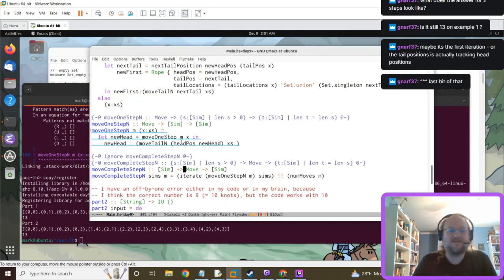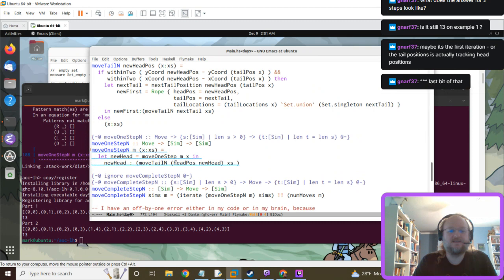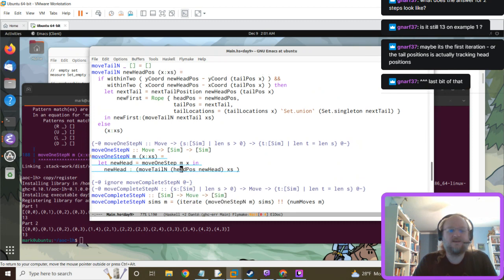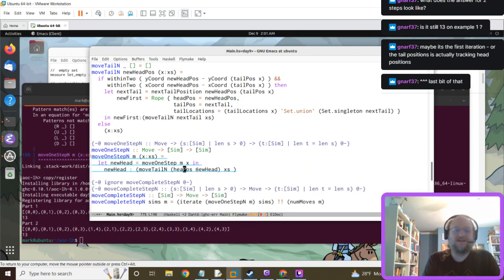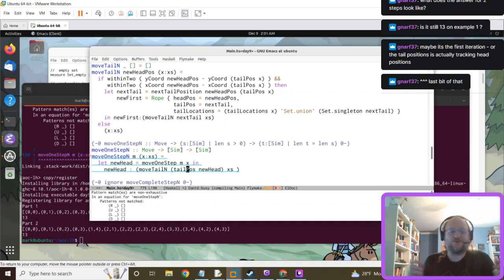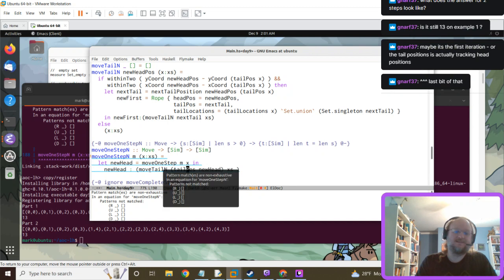Yeah, it's oh, well, yeah, there it is. I was moving the first element, the tail. The first two segments were moving in lockstep. So it should have been the tail.